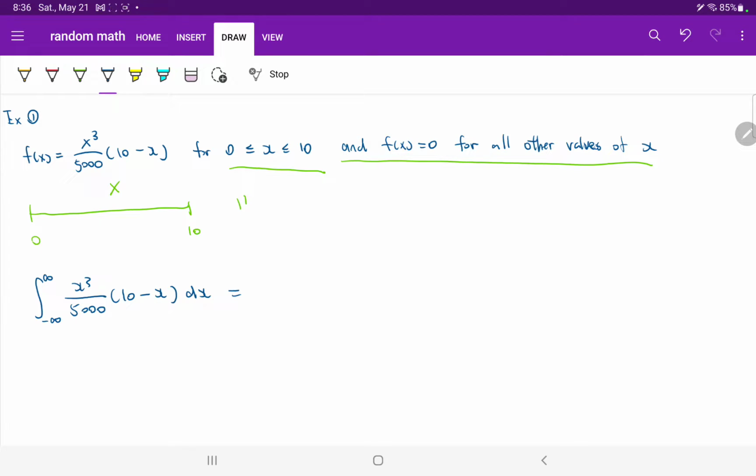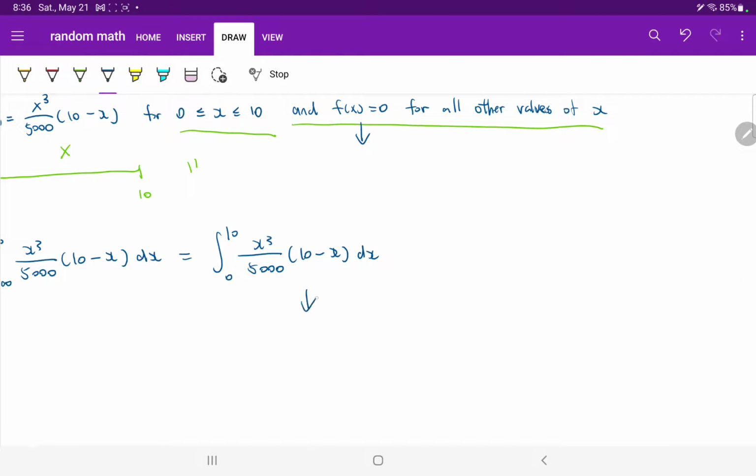It's not hard to observe that this is fundamentally the same as if we were to integrate from 0 to 10 of the same function, because the question already says that f of x is equal to 0 for all other values of x from negative infinity to positive infinity except the interval 0 to 10. So these two are equivalent because of that, right?